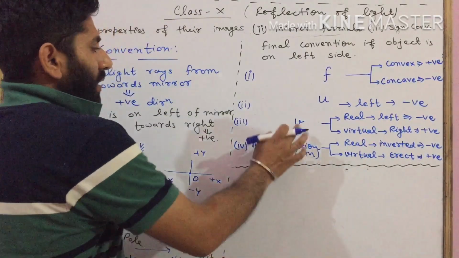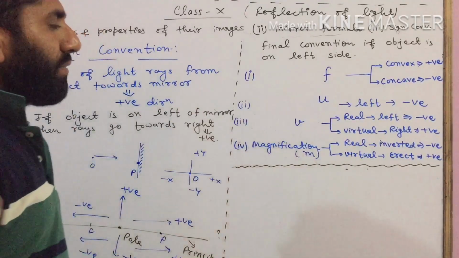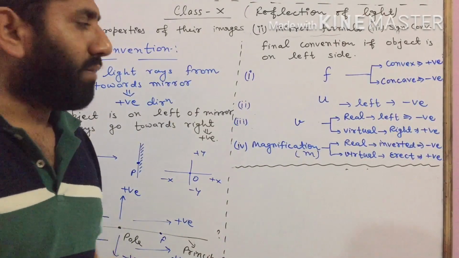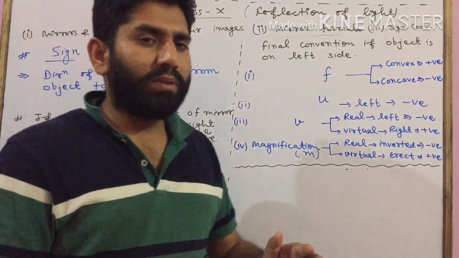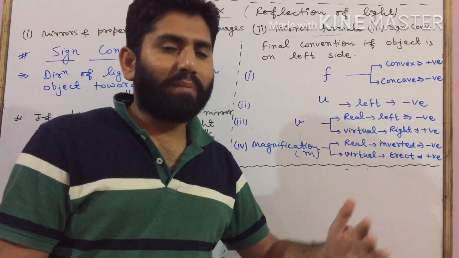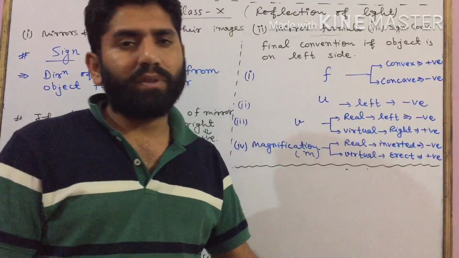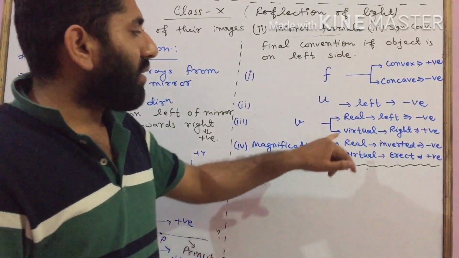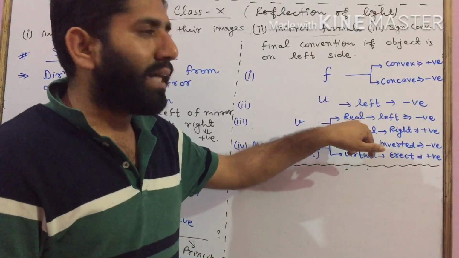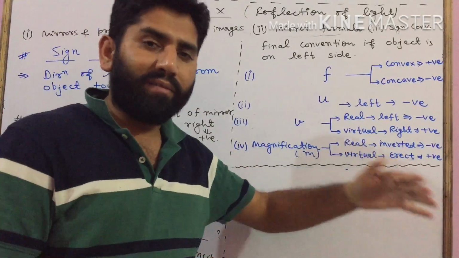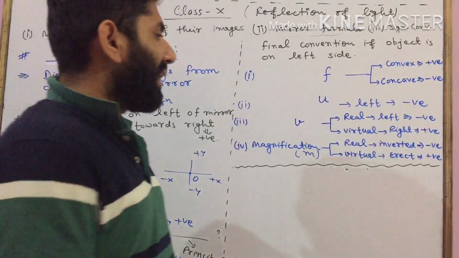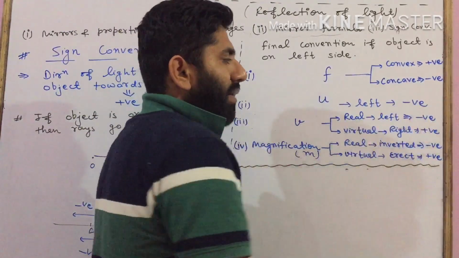Fine. Now we have the image distance. As you have seen in the diagrams, the image can be formed towards right of the mirror, that means behind the mirror, or it might be formed in front of the mirror. So it depends upon the nature of the image. If the image formed is a real image, it is formed in front of the mirror, that means towards left of the pole. In that case, the value of v will be negative.